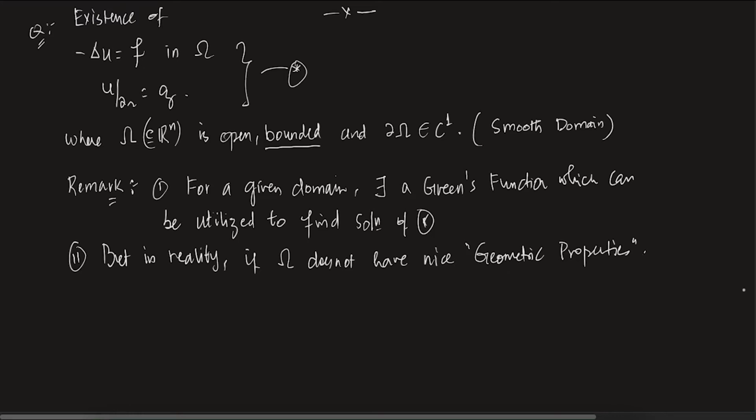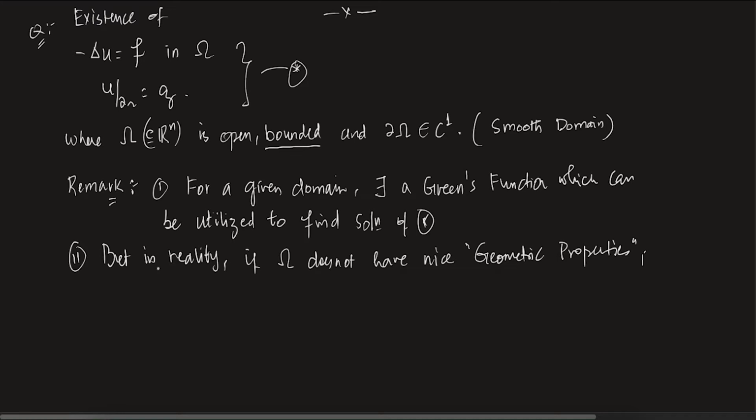Most of the places, there is no motivation for how those Green's functions are coming. It's not based on any logic. You just try your hand on something and get the Green's function. And most of the times you won't find it.